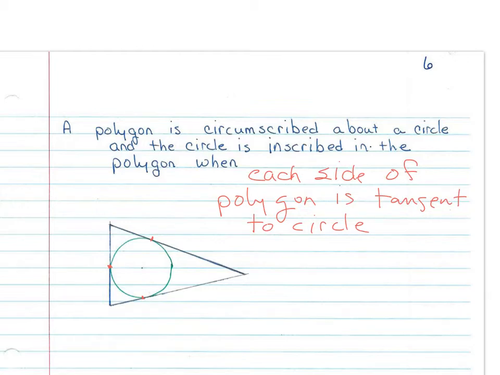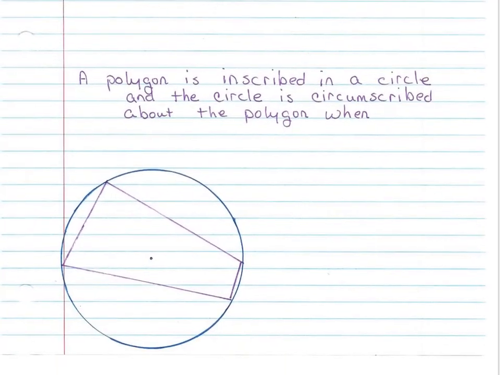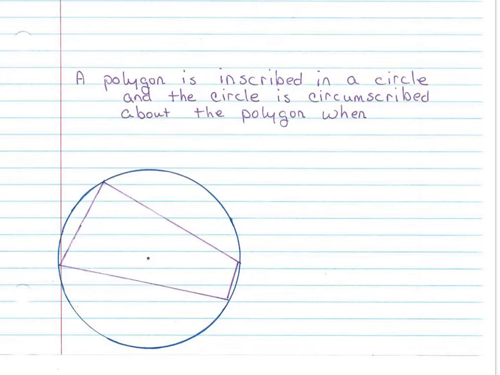So we can say that either the triangle is circumscribed about the circle or the circle is inscribed in the polygon. And then the opposite of that, the polygon is inscribed in the circle.